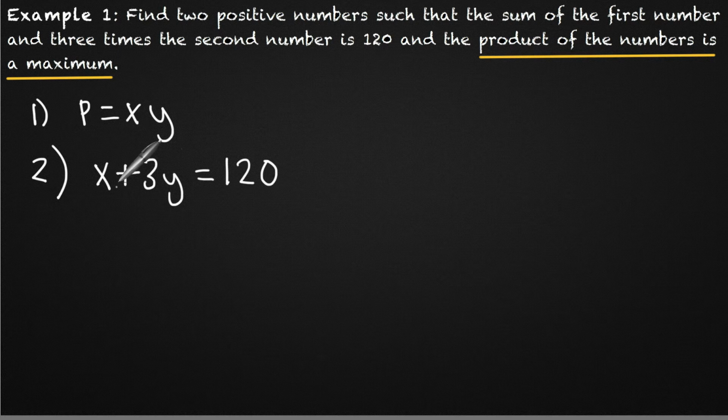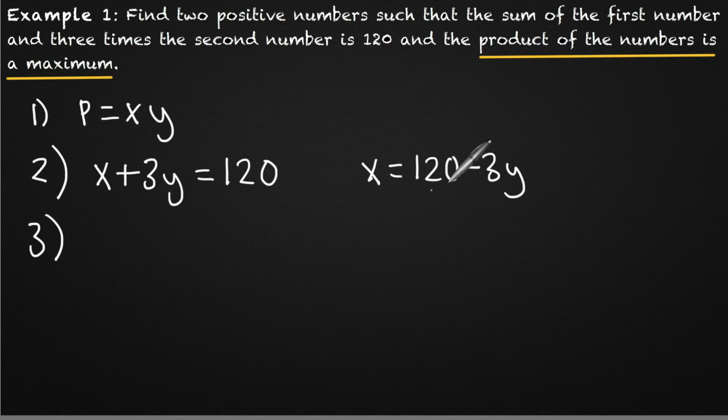So now this is the function that relates the two variables. Now step 3, I'm going to rewrite my product function to be maximized as a function of one variable. So I'm going to solve this for x, because x is the easier variable to solve for. So x equals 120 minus 3y. I will take that and plug that in here for x.